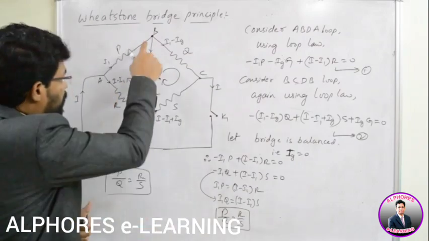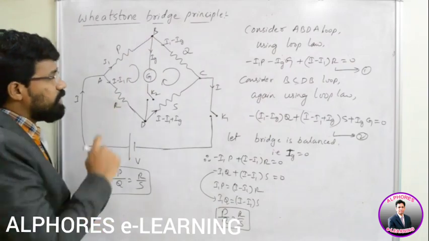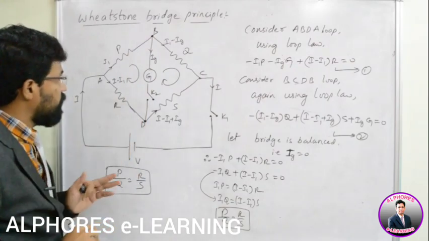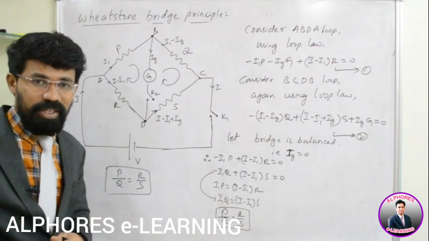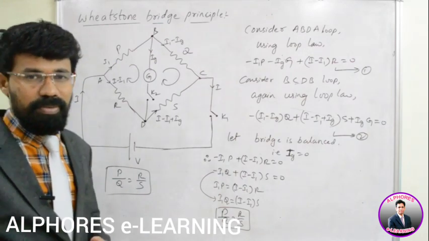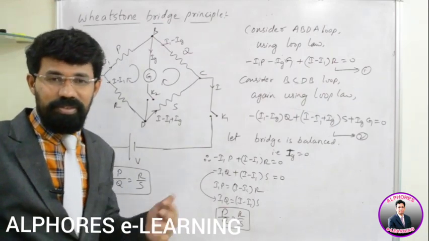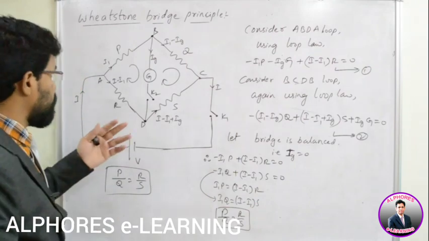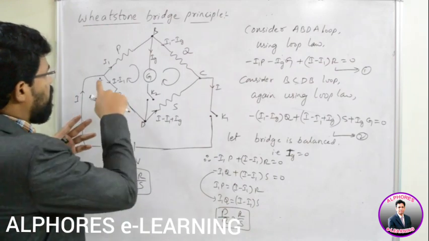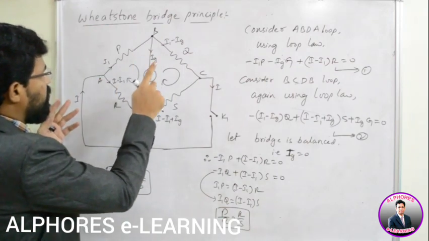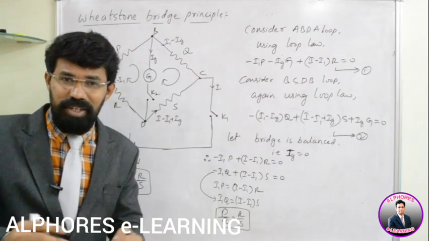If there is no current through this branch, there is no use of this branch. You can remove that and you can simplify this. For example, for this circuit, if I ask you, tell me which resistors are in series combination and which resistors are in parallel combination. Can you tell? Of course, any circuit related problems we can handle with Kirchhoff's rules. But if I ask you about effective resistance, there are different ways. If we manage to identify which resistors are in series and which are in parallel, can't we find effective resistance?